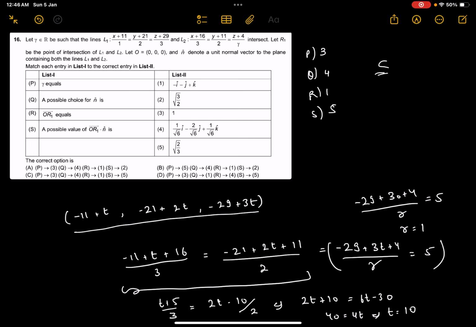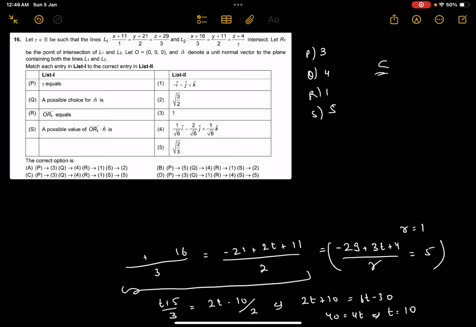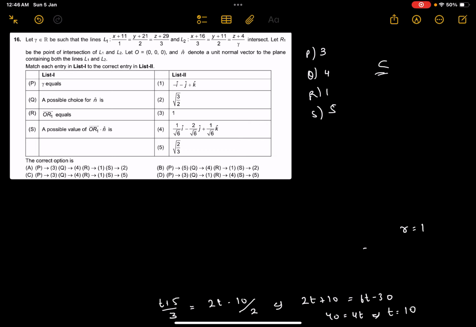So nothing unexpected, but it's nice that we got it not by looking at the options and all. So we have that gamma is 1. Then we have gamma.